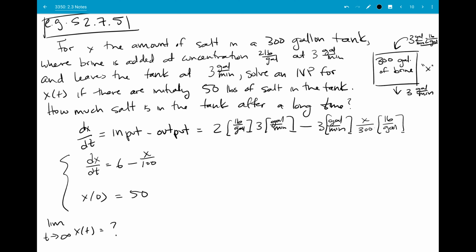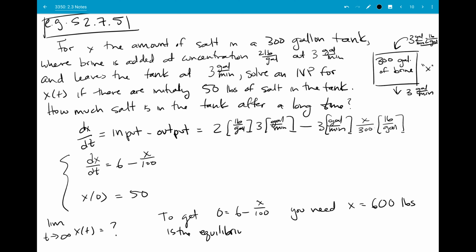So to get 0 equal to 6 minus x over 100, you need x equal to 6 times 100, so just 600 pounds is an equilibrium value. And if we do the check, we'll actually find that that's stable. So without even solving the differential equation, we can answer that second question.